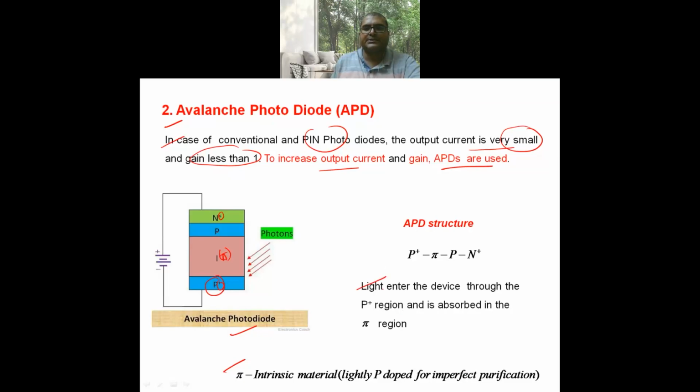Light enters the device through the P plus region and it is absorbed in the pi material. Here it is the incident photon. It enters the P plus region and is absorbed by the intrinsic material.